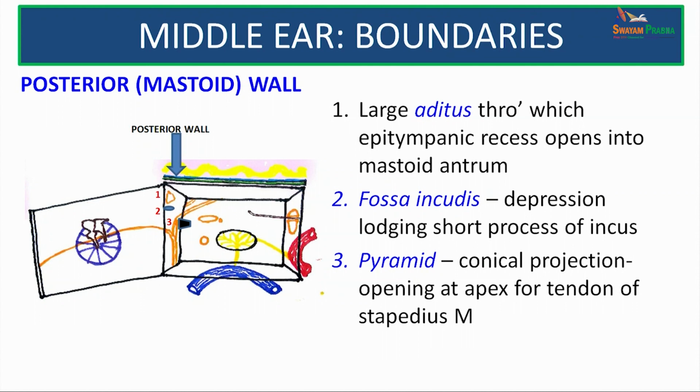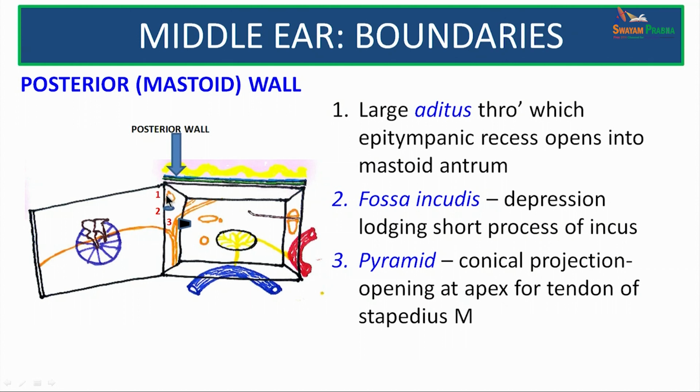To talk of the posterior wall, that is the mastoid wall, which is in close relation to the mastoid antrum and the mastoid air cells. There are quite a few structures. If we imagine this as a rectangular box or a cuboid which has been left open, here we see a pictorial representation of the mastoid wall.